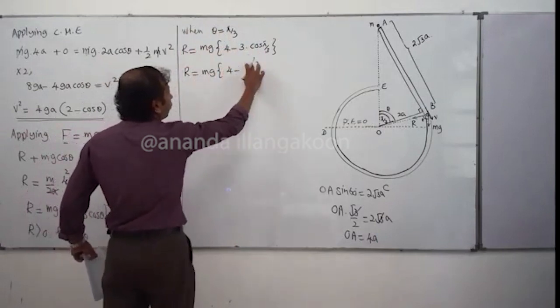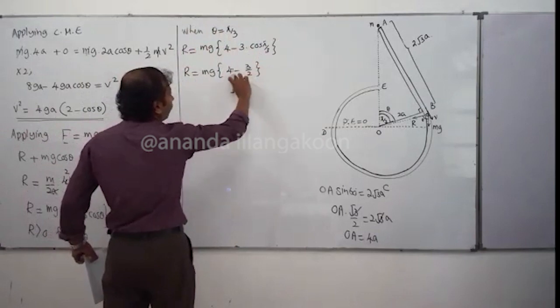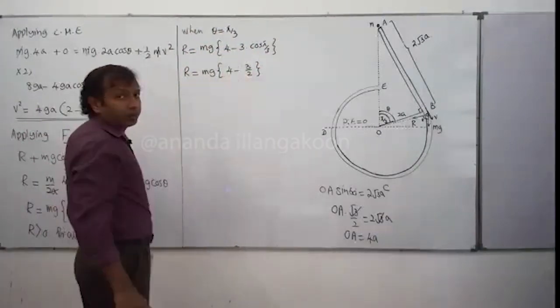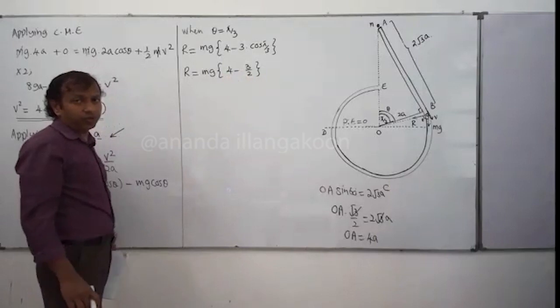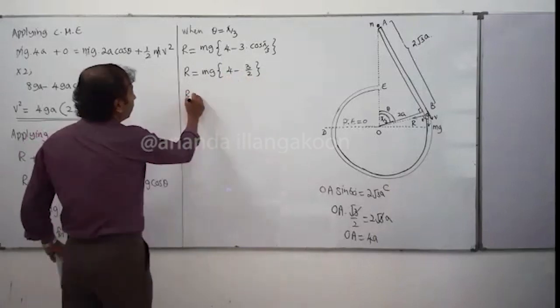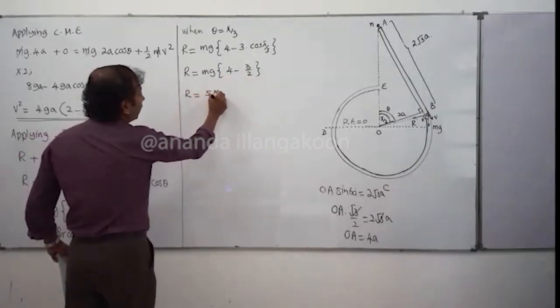Here 3 by 2 is 1.5. 4 minus 1.5 is 2.5, which is 5 by 2. R equals 5 mg by 2. What is this?